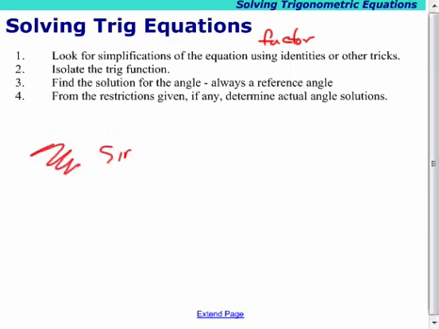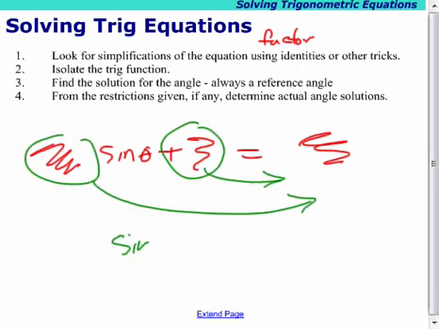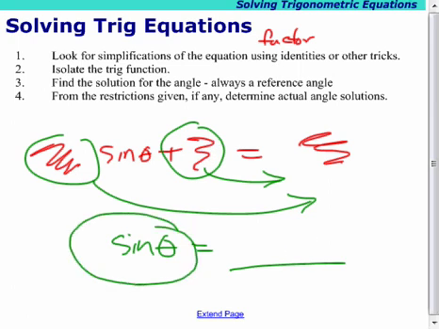You might have something here, and then you have a sine function here, plus some other stuff is equal to something. So get rid of all of the things on one side. Get rid of that, get rid of that, so you're left with just sine theta is equal to something. Okay? So use whatever tricks you have at your disposal to get sine theta is equal to something.